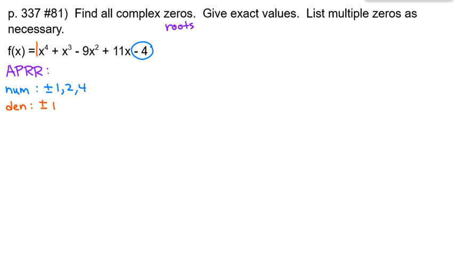Putting all the numerators over all the denominators, we get a really short list: plus or minus 1, 2, and 4. So if this polynomial has any rational roots, they have to be from this list of 6 numbers: 1, -1, 2, -2, 4, or -4.